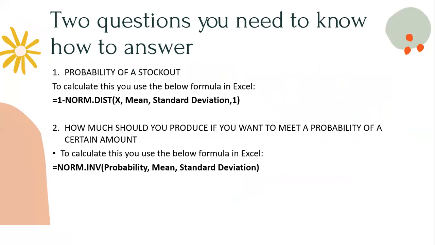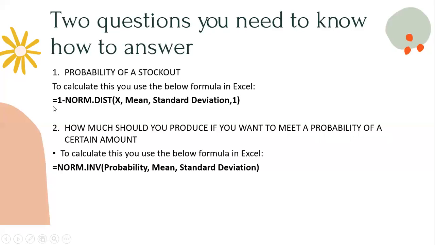Now, moving forward, I want to tell you very clearly that in this lecture, I'm not going to be going on various tangents. There are two particular questions regarding normal distributions that you need to know how to answer. The first one is the probability of a stock out, the probability that you don't have enough goods and you're going to run out of goods. For that, there is a formula that you can put in Excel.